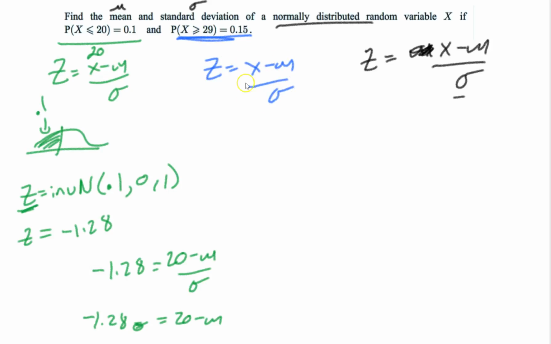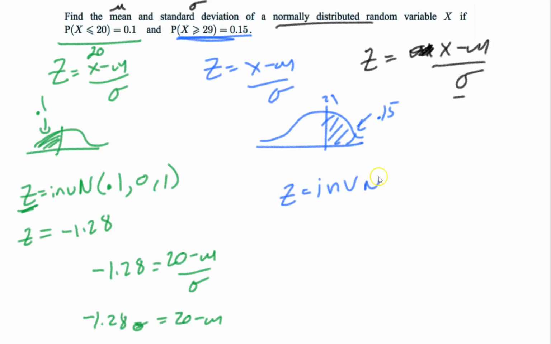But in this case, they're telling me when I'm greater than 29, I'm at 0.15. So if I do this, greater than 29 is 0.15. So when I do my invert normal to find my z, remember I cannot use 0.15. I've got to use the left hand side.